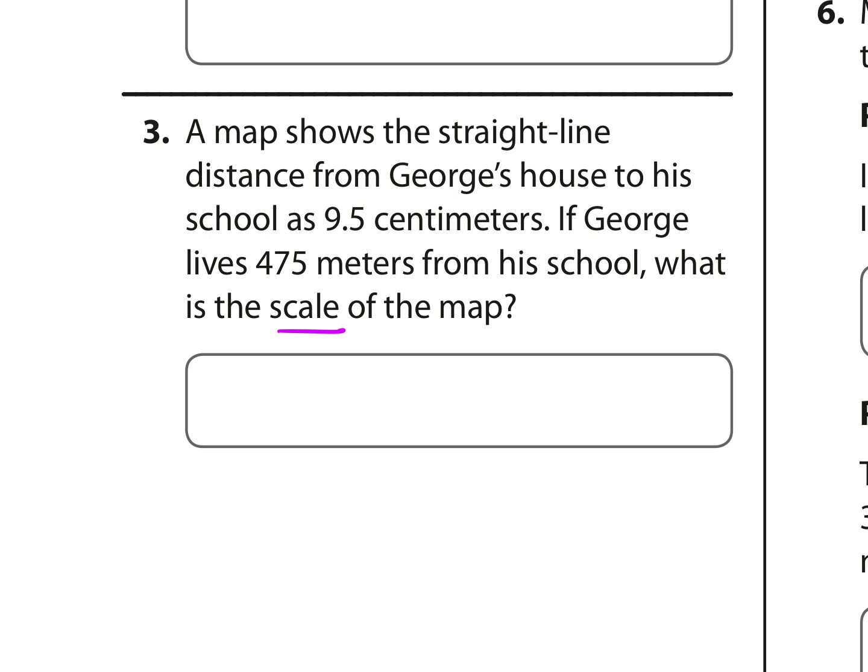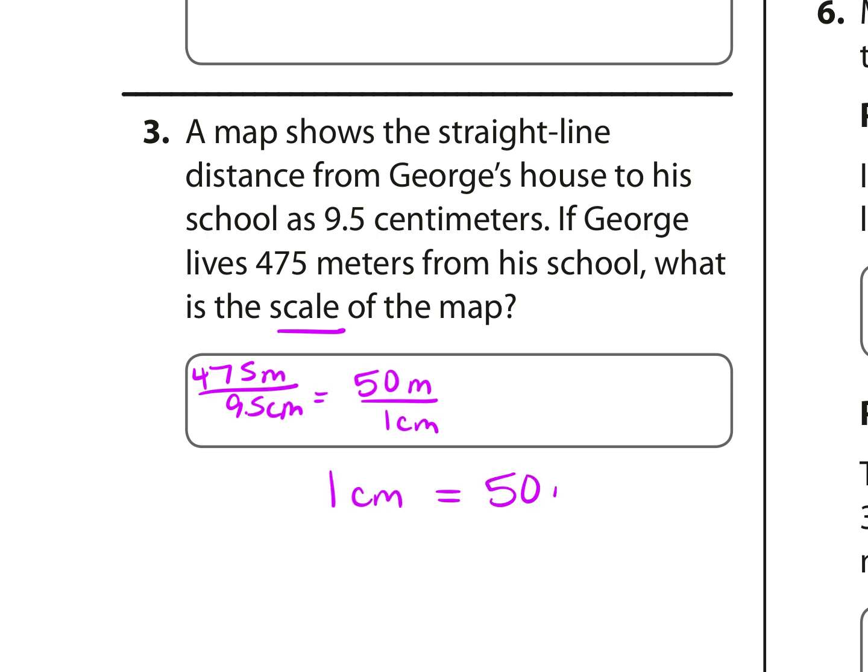So let's just divide 475 meters divided by 9.5 centimeters equals 50. So 50 meters for 1 centimeter, and I could just write that scale out neatly and say, well, 1 centimeter is equal to 50 meters for my scale.